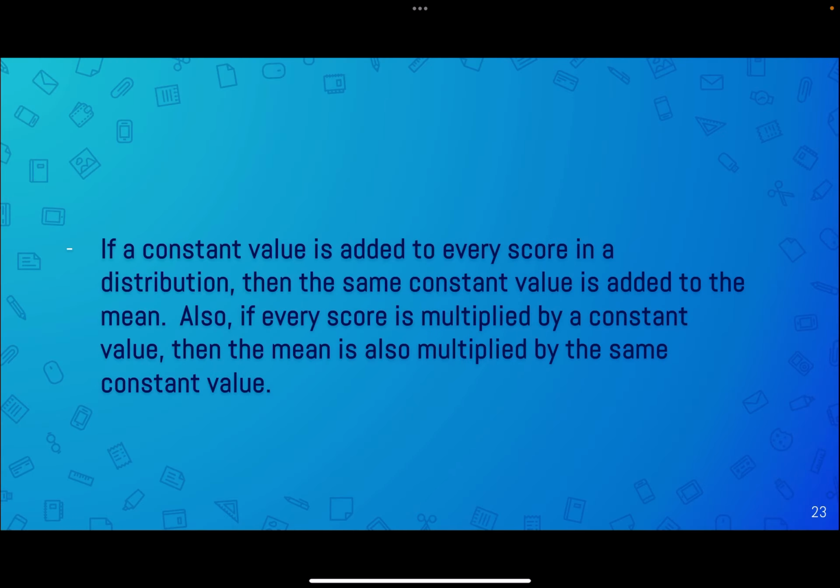If a constant value is added to every score, very important, then the same value is added to the mean. So if everybody got extra points, those extra points need to also be added to the mean. If every score, and this is important, that it is every, not some, is multiplied by a constant, you also multiply the mean by the constant value. So you need to be changing every score in order to change the whole mean.